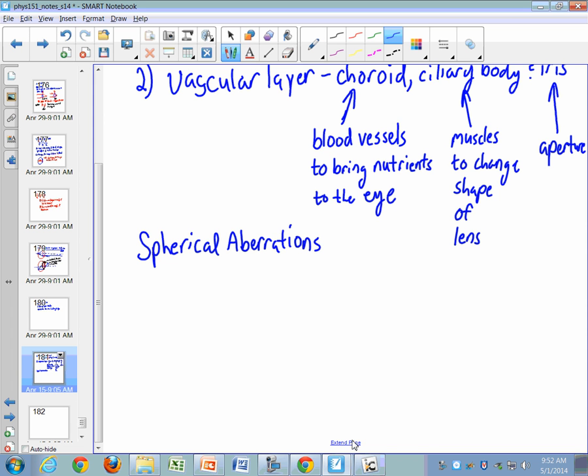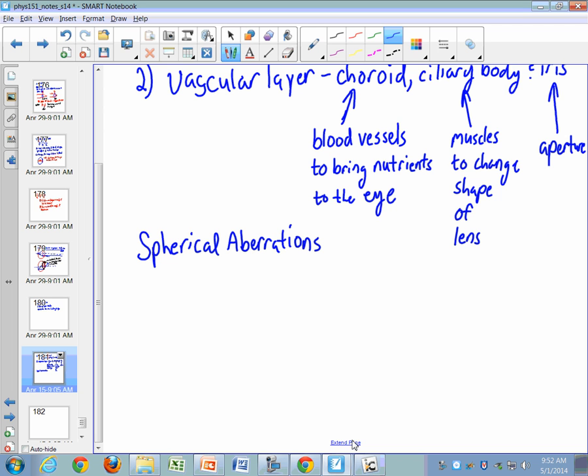By the way, did you know that your eye can detect just a few photons, a few little particles of light? And it can also detect light that's very strong. And we don't really have an instrument that does anything like that. We have instruments that can detect a few photons, and instruments that can detect stronger light, but nothing that can detect that entire range, which is pretty fascinating.